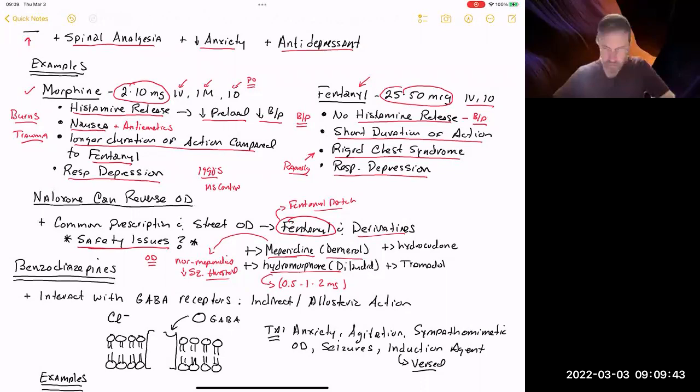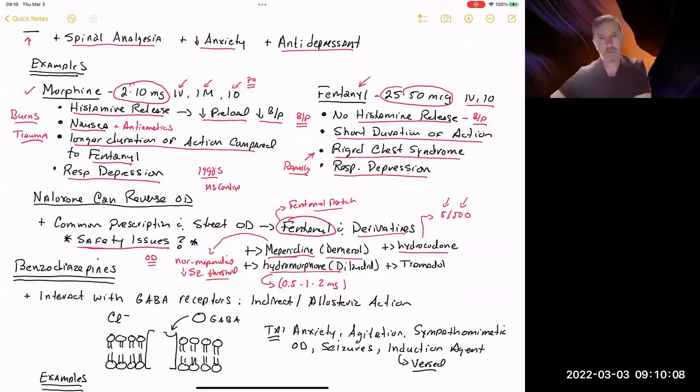Some other agents I think I mentioned earlier in the week, things like hydrocodone, are very commonly prescribed medications, and oftentimes hydrocodone is mixed with Tylenol. So when you see something like 5/500, for example, that means this is a mixture of 5 milligrams of hydrocodone and 500 milligrams of acetaminophen.